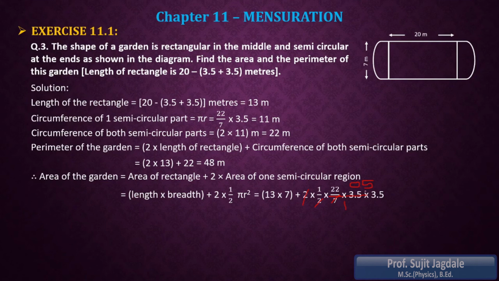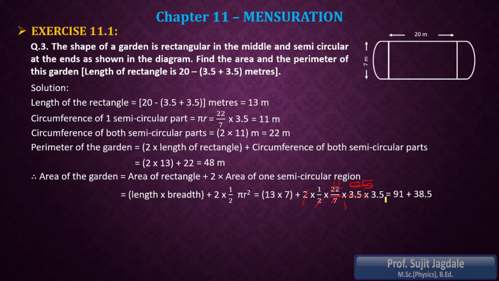Just as I told you, if you are multiplying by 0.5, then you have to half the value. So half of 22 is 11. So you can take the multiplication of 11 and 3.5, which will be 38.5.